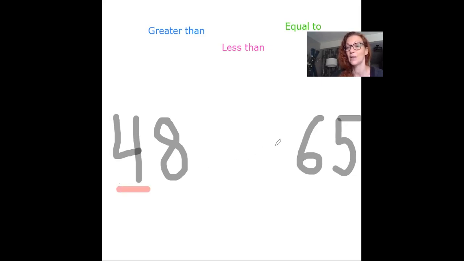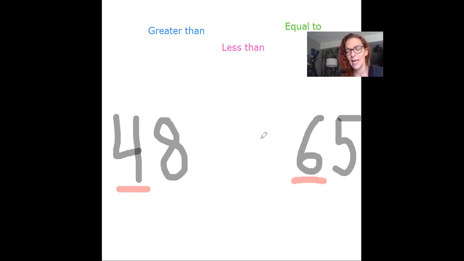The 4. And we have a 65. What number's in the tens place? The 6 or the 5? The 6. Okay. Which one is bigger and which one is smaller? We have a 4 and a 6 to compare. Yeah, the 6 is bigger and the 4 is smaller.